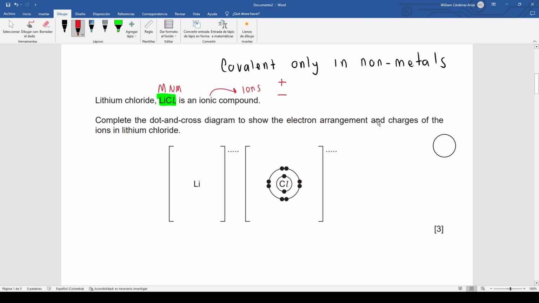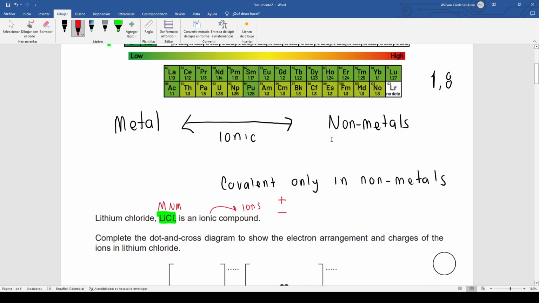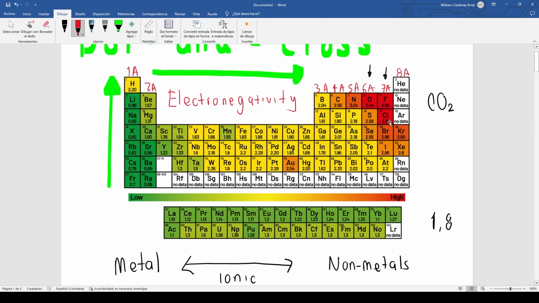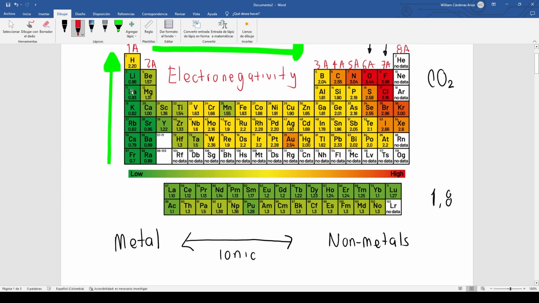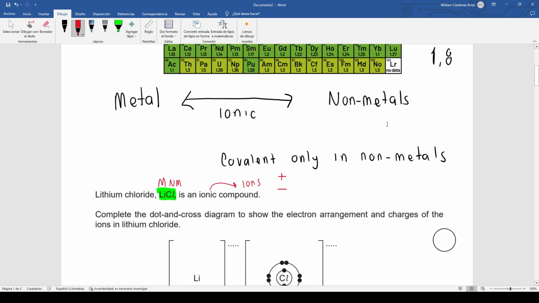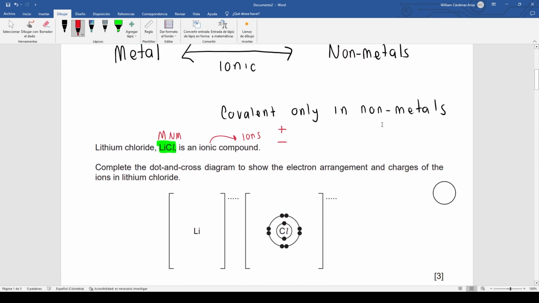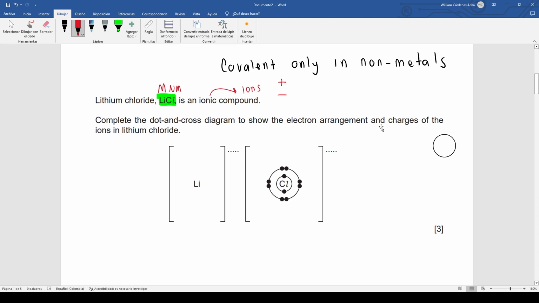And since it is an ionic compound, one of these elements will have a greater electronegativity. So let's see that chlorine here is 3.16 and lithium is 0.98. So the difference in electronegativity is greater than 1.8. So chlorine is going to steal the electron from lithium.